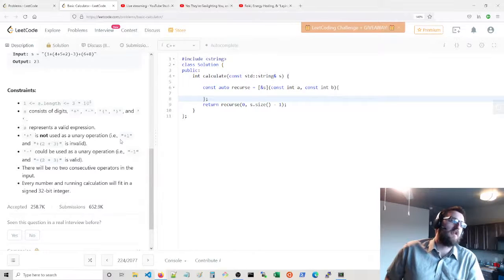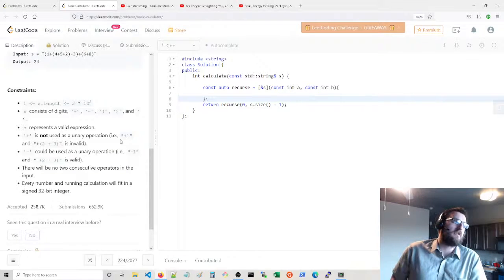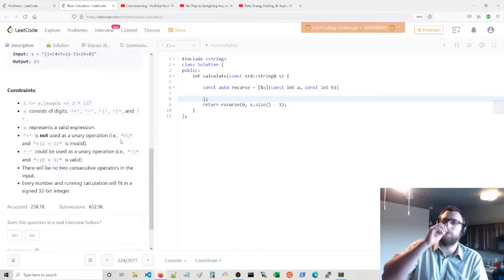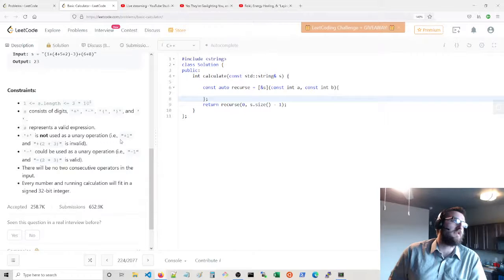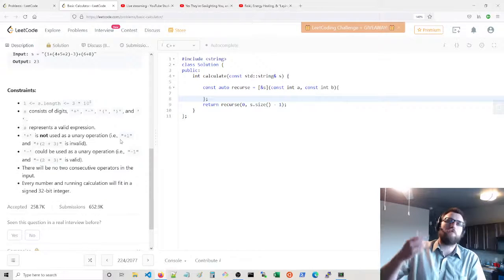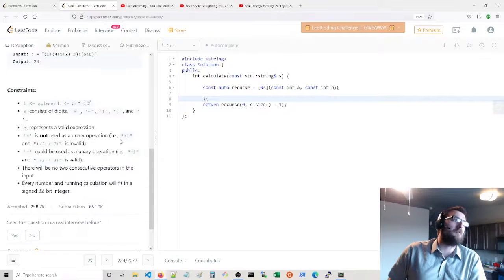So we could put a sign in front. So we have an enum for the state. Really it's just expecting a number or expecting an operator as the state. If we're expecting a number and we see a negative number, then we have a sign. We're still expecting a number, but we update the sign to make sure it'll be a negative number.